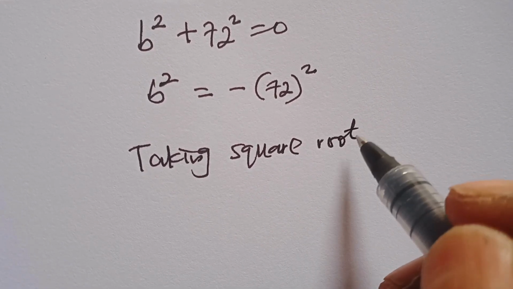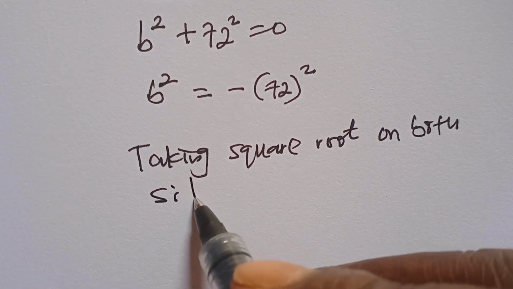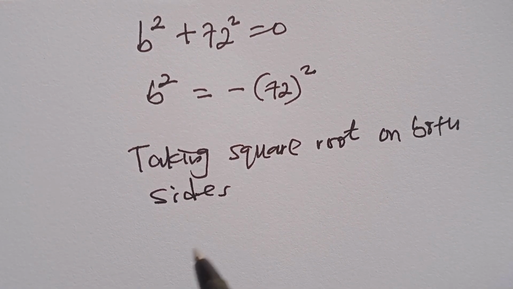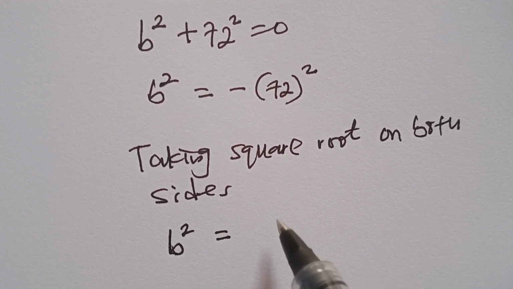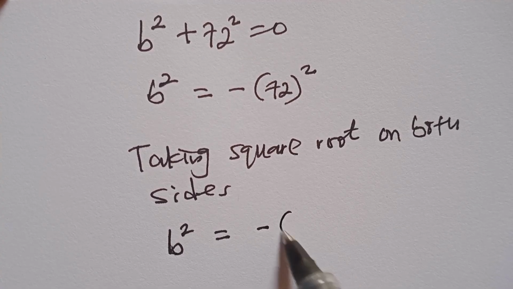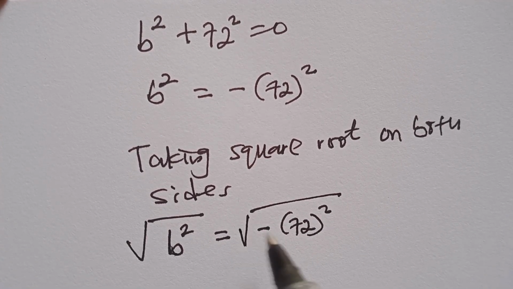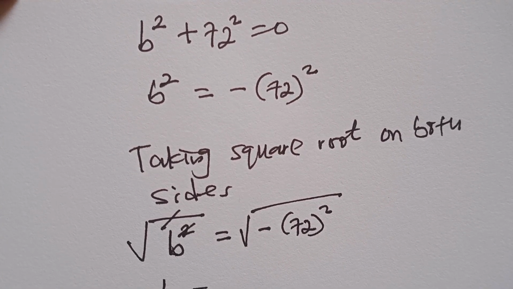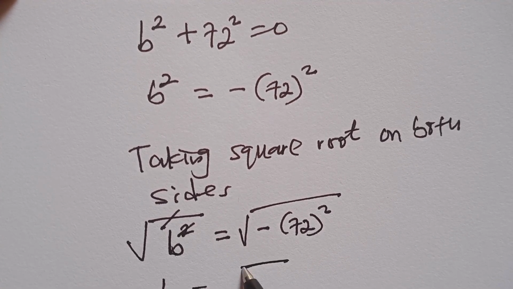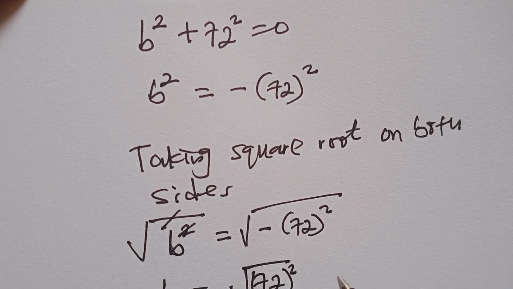The square cancels the square root, so we have b equal to the square root of the right hand side, and we split what we have on the right hand side.